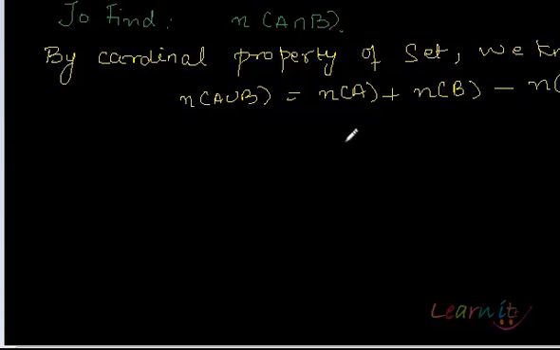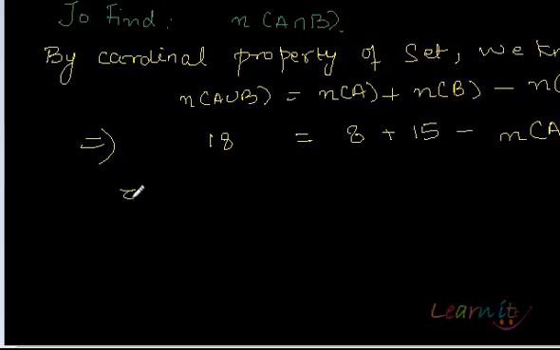So that would imply 18 equals 8 plus 15 minus n(A intersection B).